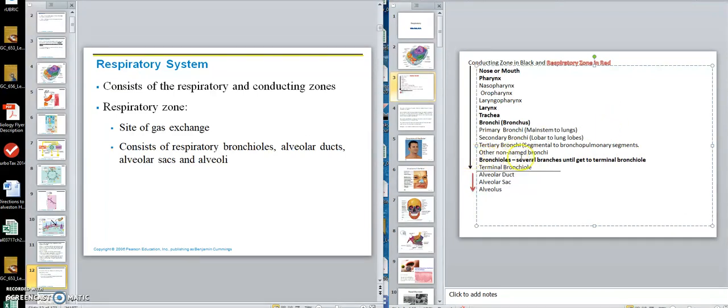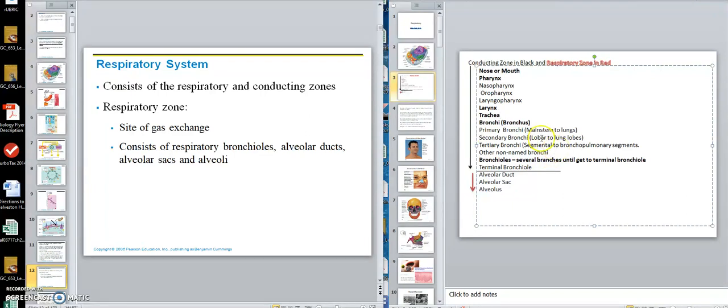Then we have a bunch of divisions that don't have a specific name, just to increase surface area. So it's really like a branching tree. You're coming down, you're branching, then you're branching off of that, and off of that, to increase surface area. Now, the first three bronchi had a name because they went to something. When I say other non-named, then you're just going down.